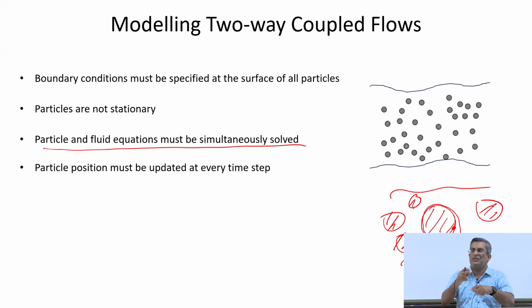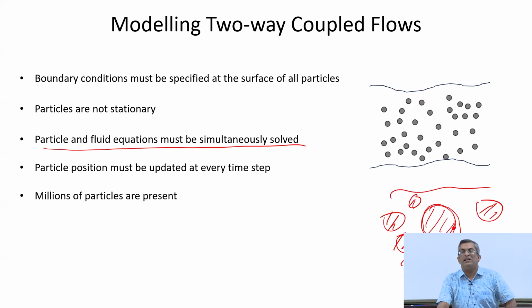So this means that this must be iteratively solved. But there are millions of particles in your flow in any practical case. So the question is, how would you solve this?